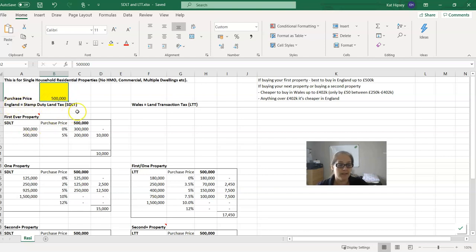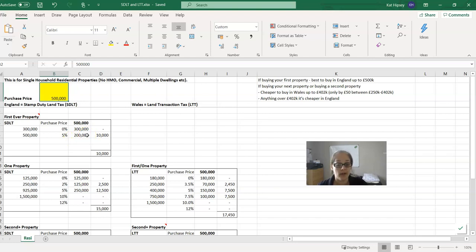In England, there's a relief at the moment for first-time buyers. If you or your partner have never bought a property before, you are entitled to this calculation. You have a reduced rate of stamp duty on your first property, providing it's up to a value of 500,000.